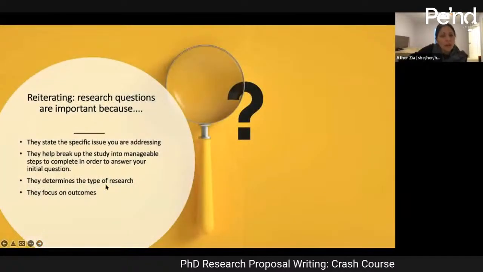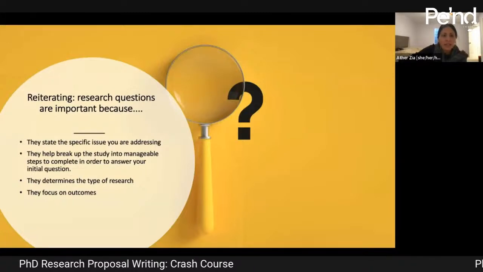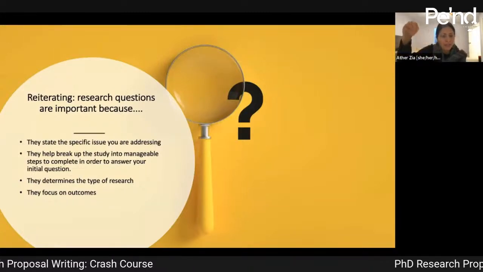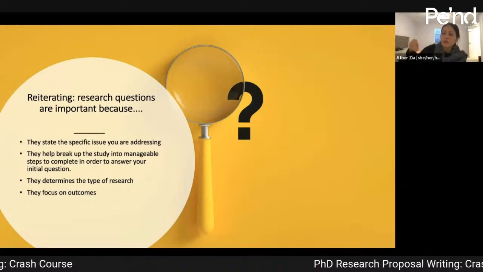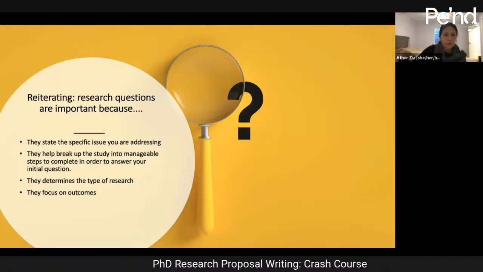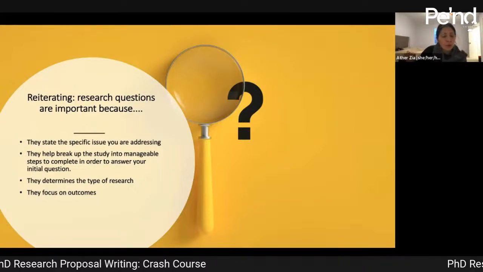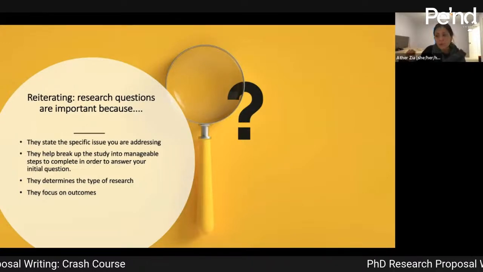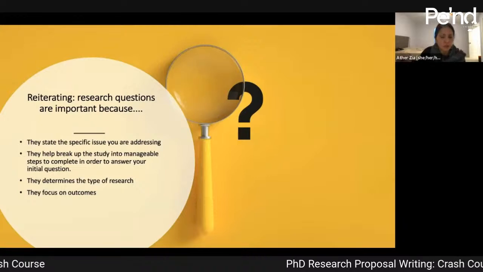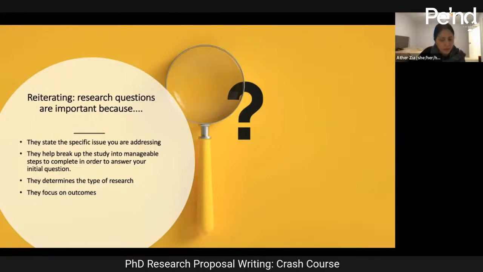So moving on, again reiterating why questions are important. They will address the specific issue, and they will also help you break your study into manageable parts. I'll give you some examples as we move on. And the most important is that they help you determine what kind of research you will do. Will you do a qualitative research? Will you do a quantitative research?